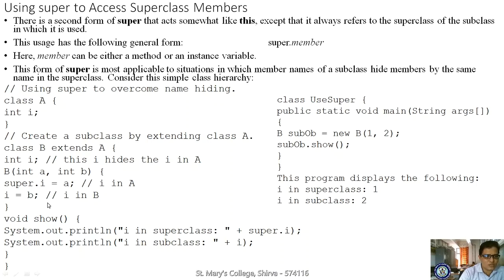Here one argument is there, here one argument is there. For accessing this variable through this constructor member, I am using super.i = a. super.i means it will access A's i. i = b. There, whatever the variable i you have taken, you are assigning the parameter as b.